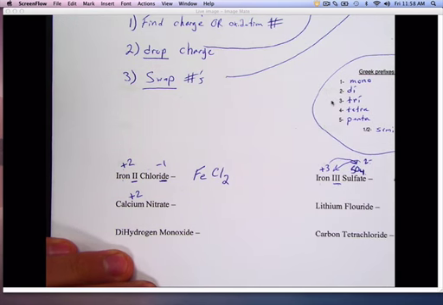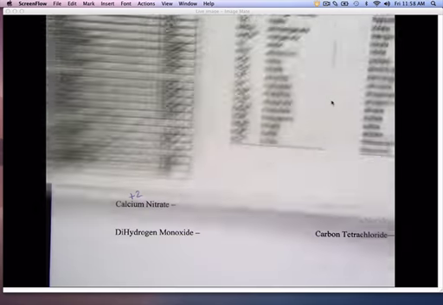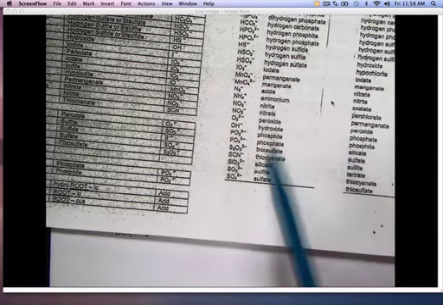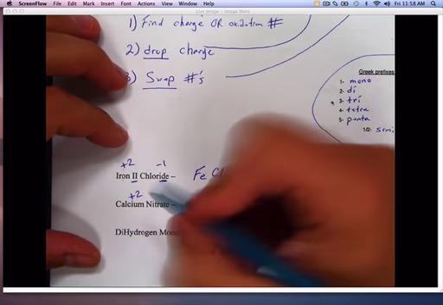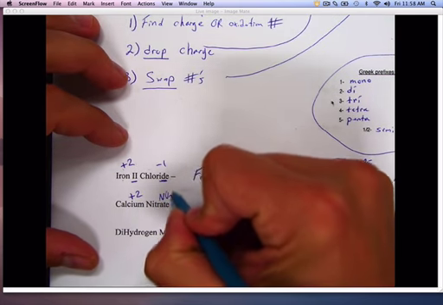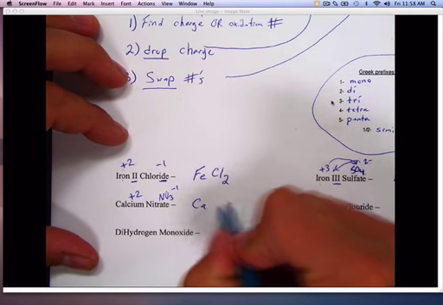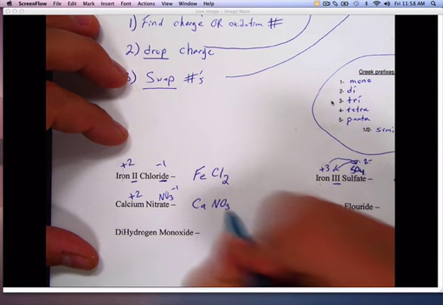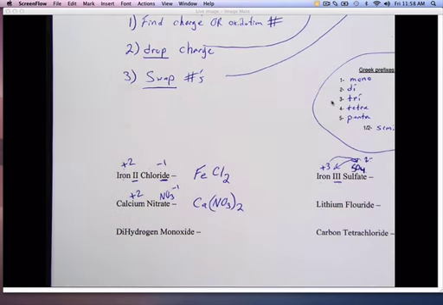Nitrate is on the back, or in the polyatomic ion list, right here, nitrate, NO3, negative charge. That negative means -1. So I know nitrate's an NO3 with a -1. Drop and swap. Calcium, and then NO3 stays, and I want 2 of those, so I put parentheses and say 2. There's my formula.